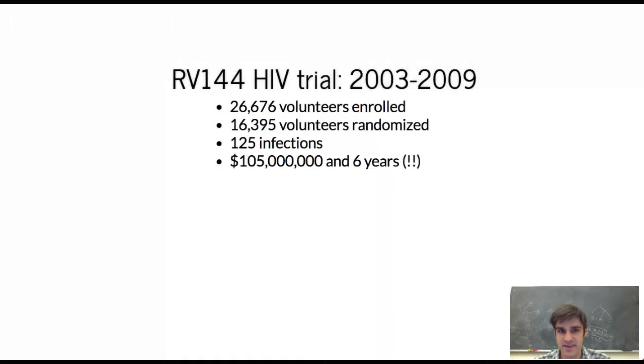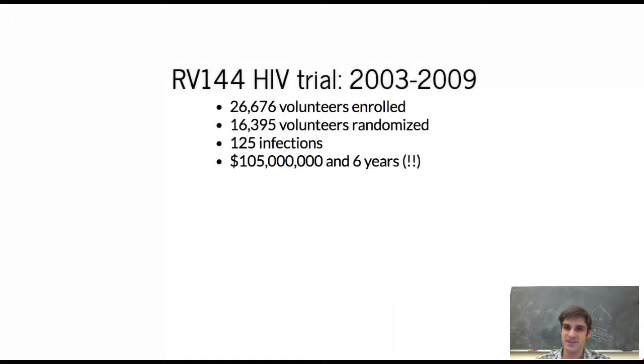Out of that, they got 125 infections, and this cost $105 million. So that is a lot of work to go into just trying one vaccine. And this vaccine wasn't even very good. It was the first not bad vaccine, it seems.